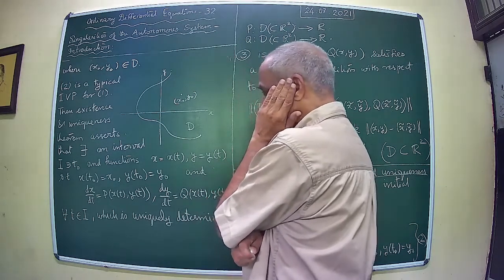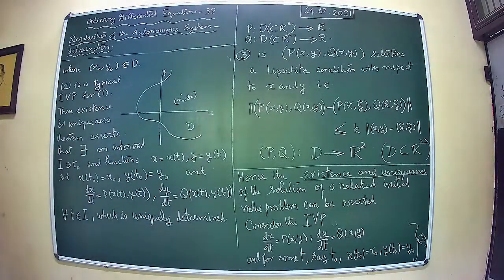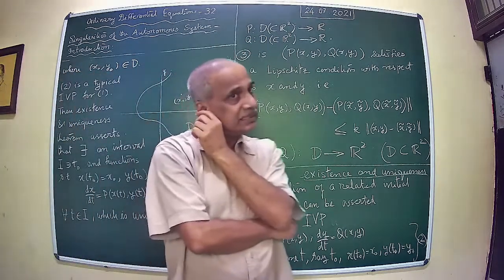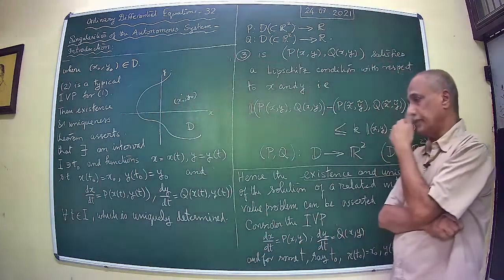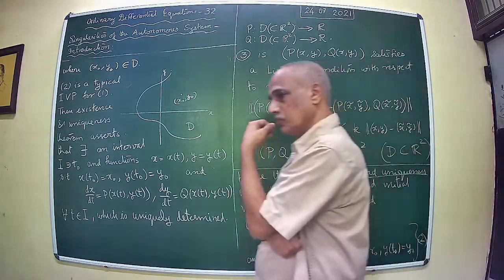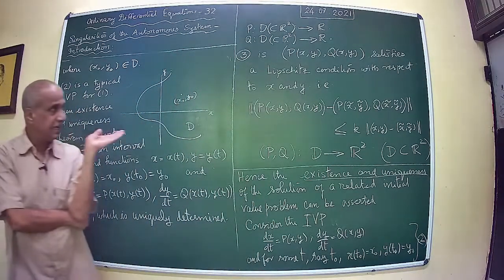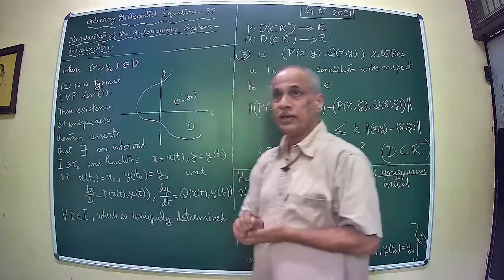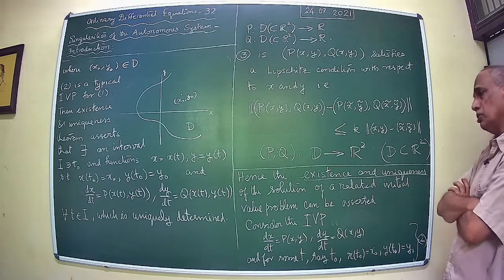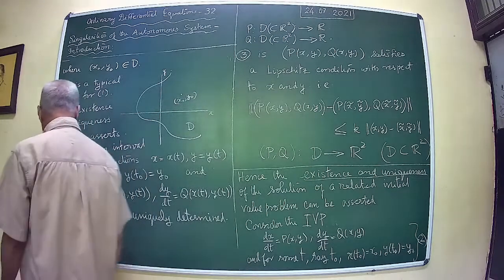That means the functions x(t), y(t) satisfy the system of differential equations and the given initial data. Only one and only one such function exists. So that is the uniqueness part. And this is guaranteed by the assumptions that we have made, namely P and Q are continuous and also Lipschitz. This is the consequence of the existence and uniqueness theorem.